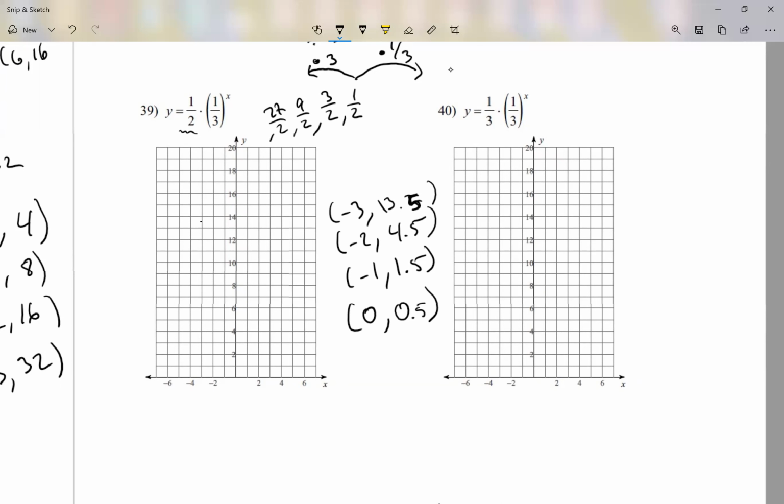That is right there. -2, 4.5. -1, 1.5. And then 0, 0.5. Notice I'm graphing those points. And I can connect my points to have an idea how my graph looks like.